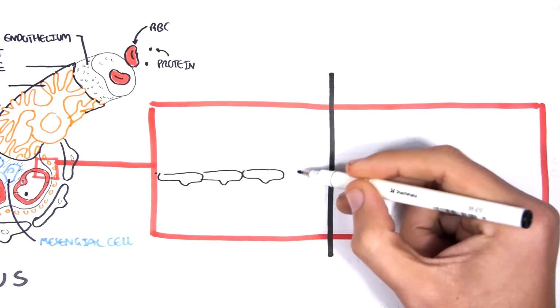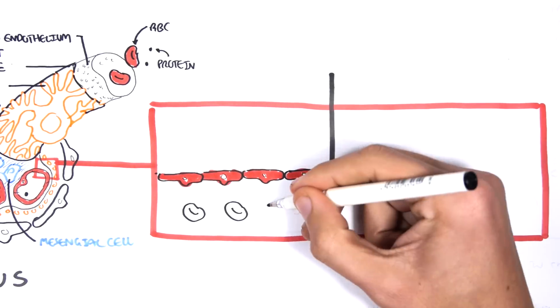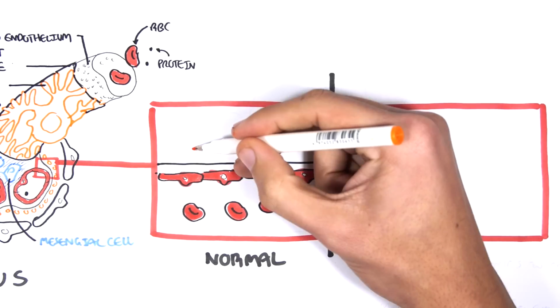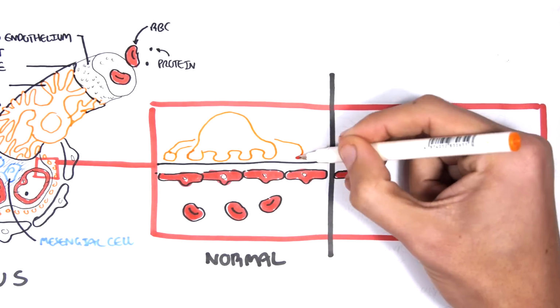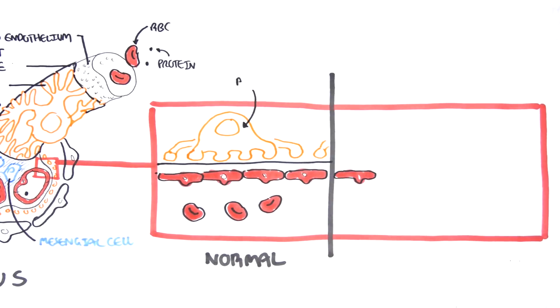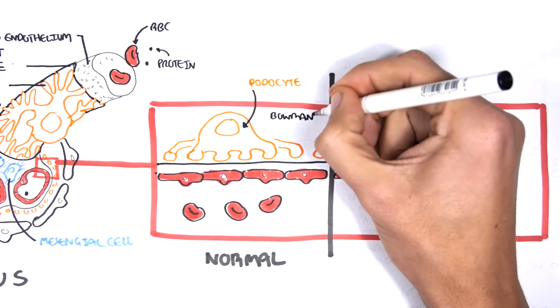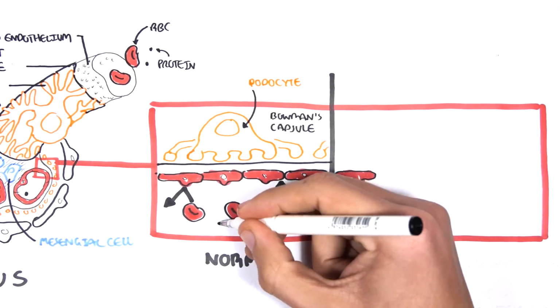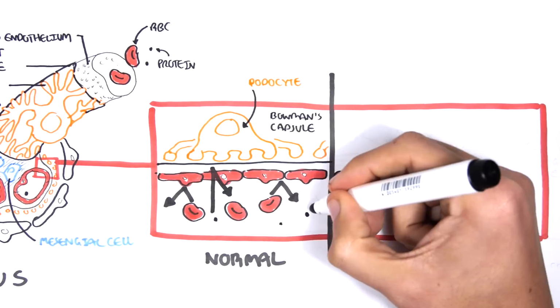So normally you have the fenestrated endothelium here. Above it, again, is the glomerular basement membrane. Then you have the podocytes and the surrounding Bowman's capsule. Red blood cells and other proteins around this area cannot get filtered.